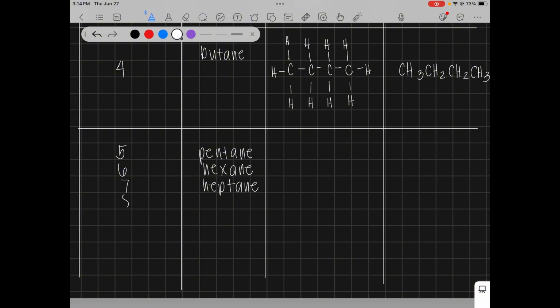If we have 8 carbon atoms, it will be named as octane. If we have 9 carbon atoms, it will be named as nonane. If we have 10, it will be named as decane.